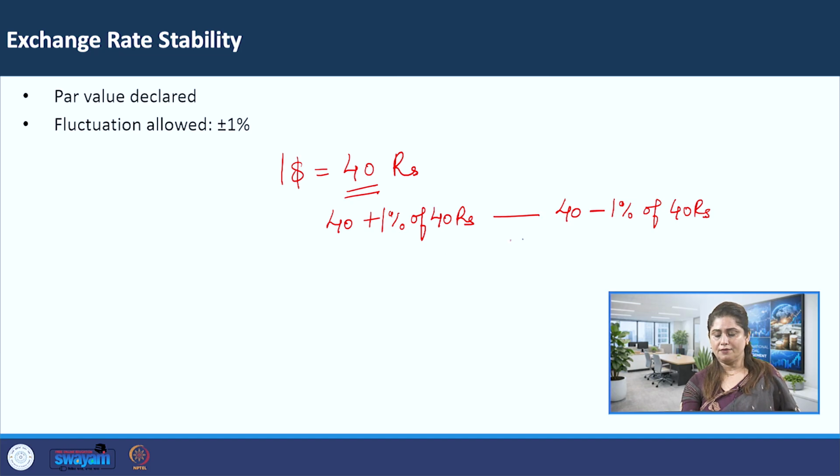That is, if we see, this comes to 39.6 to 40.4. Now, this is a very tight band.